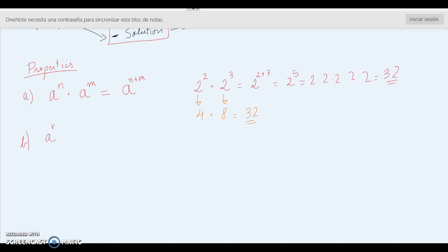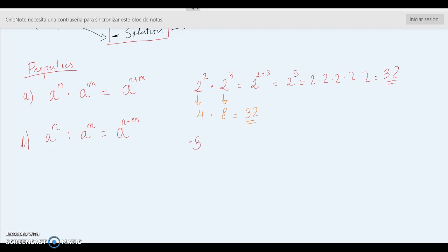If we divide two powers with the same base, this is the same as the same base, and in the exponents I have to subtract them. So n minus m. Let's see an example.